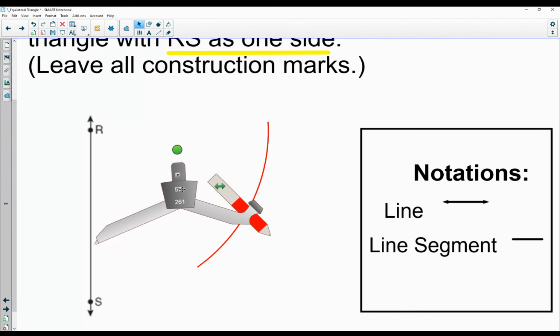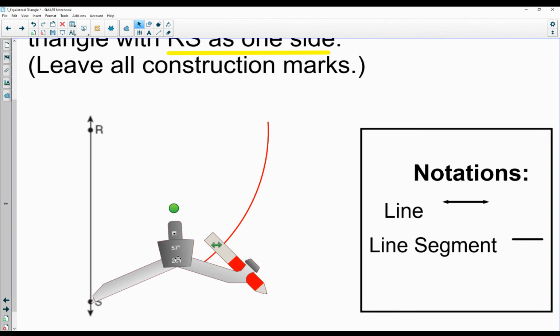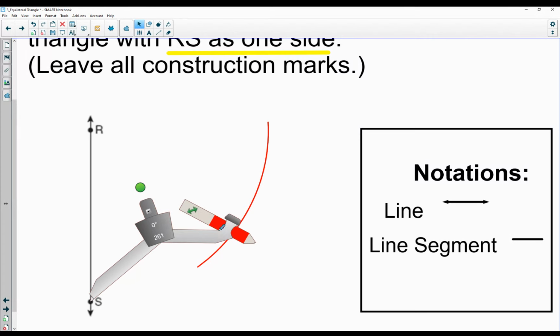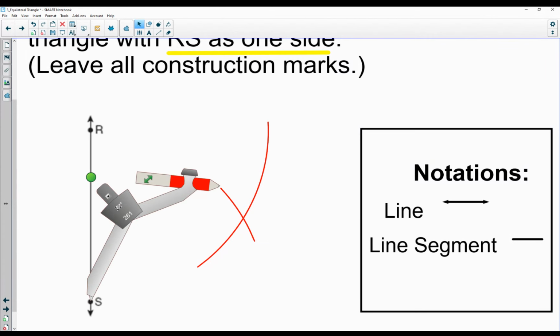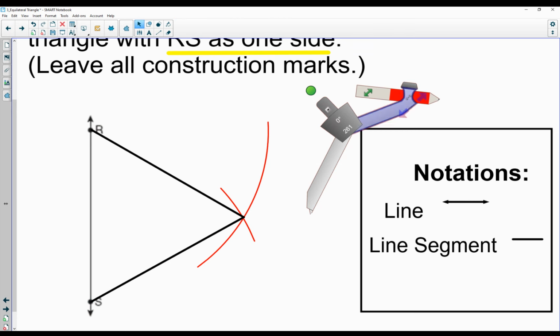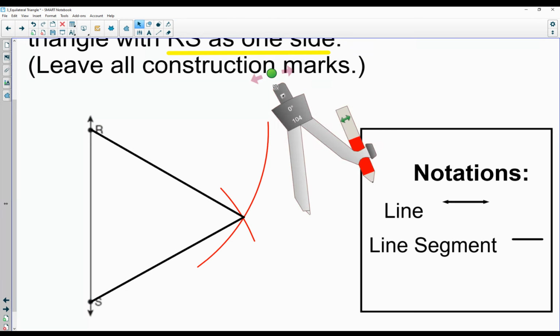To get the intersection, I'm going to take the same compass width, not change it, put it on S, and have it intersect my arc right here. Perfect. To actually form that triangle, I go from R to the intersection, and then S to the intersection. And now I have an equilateral triangle with RS as one side.